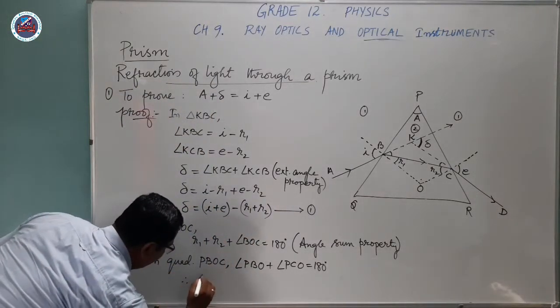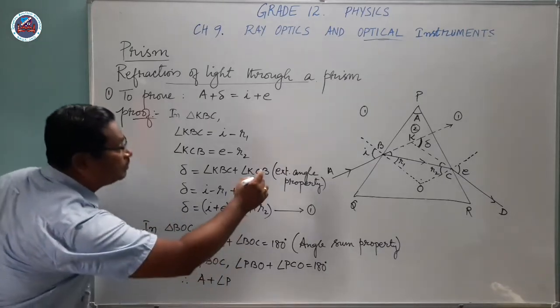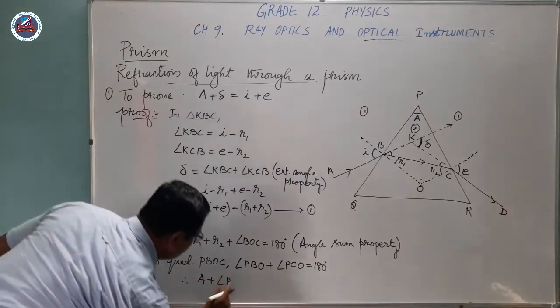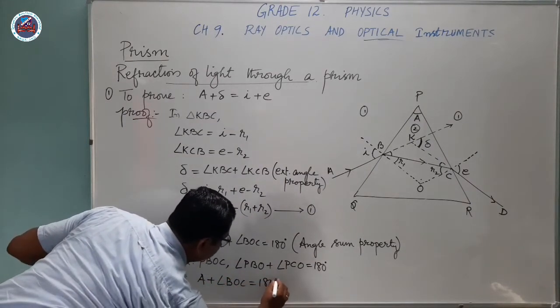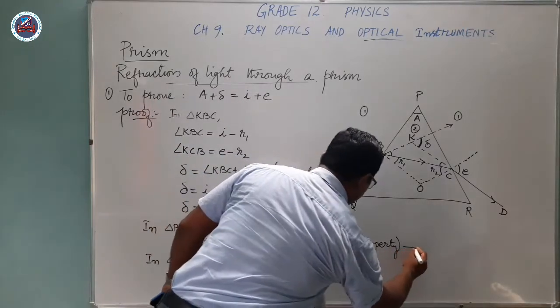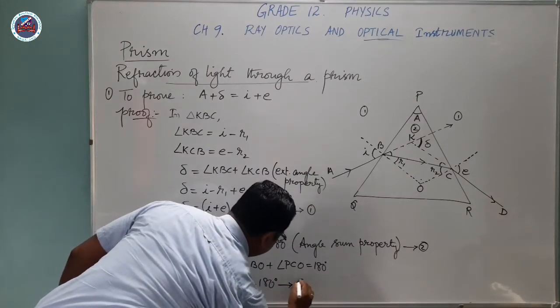Therefore, angle A plus angle BOC is also 180. Let us mark this as equation number 2 and this one as equation number 3.